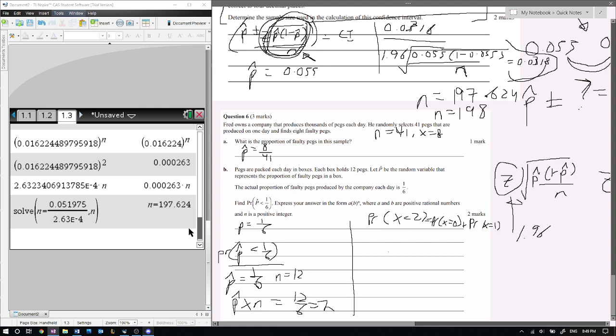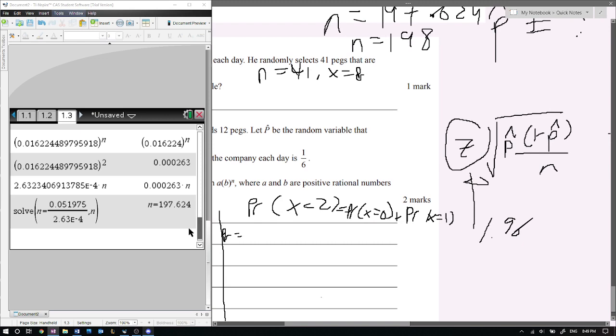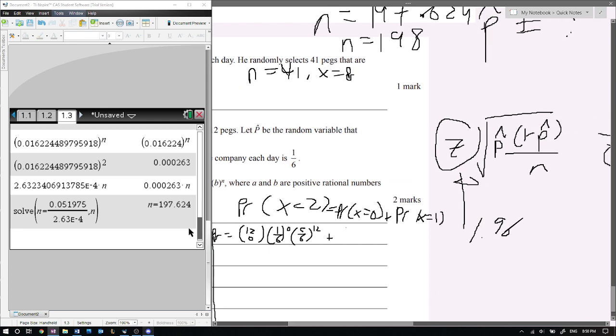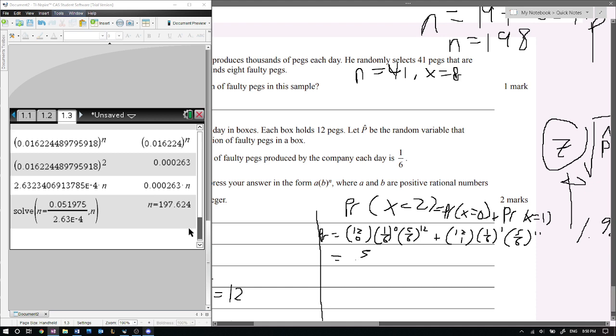Setting that all out, the probability is equal to 12C0 (1/6)^0 (5/6)^12 plus the probability of X equal to 1, 12C1 (1/6)^1 (5/6)^11. Simplifying that, those both equal to 1.